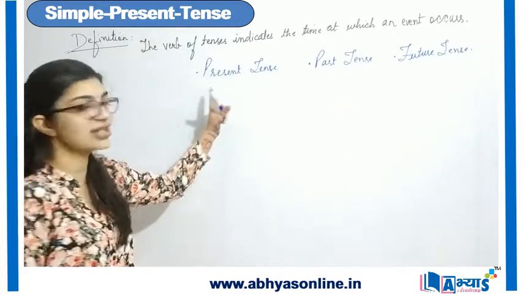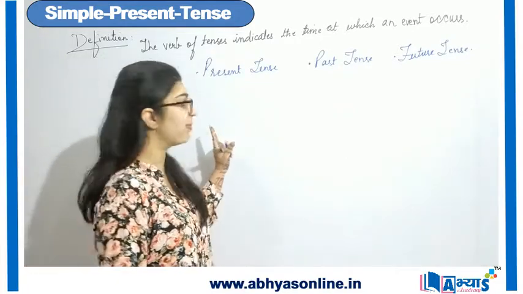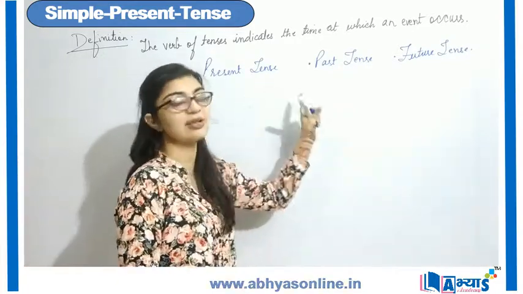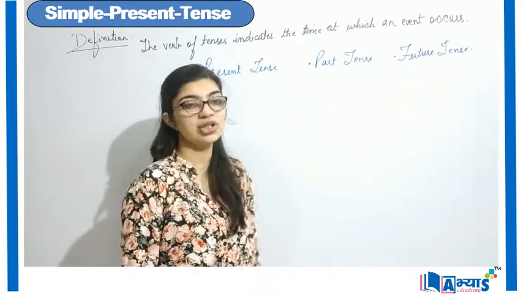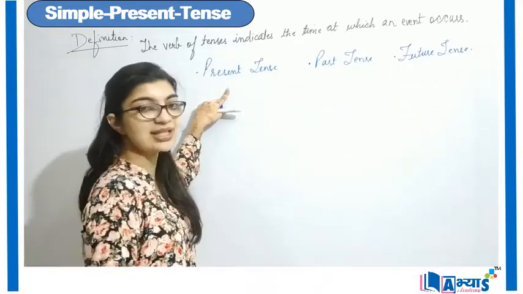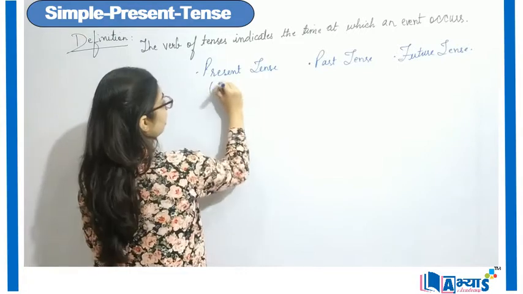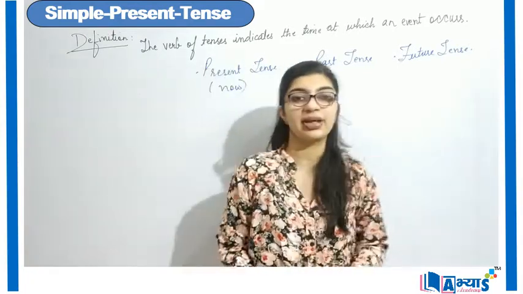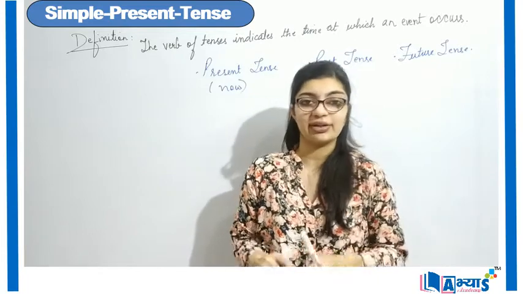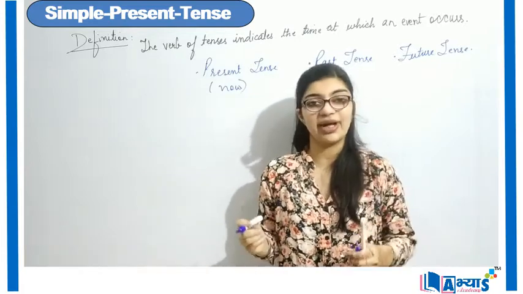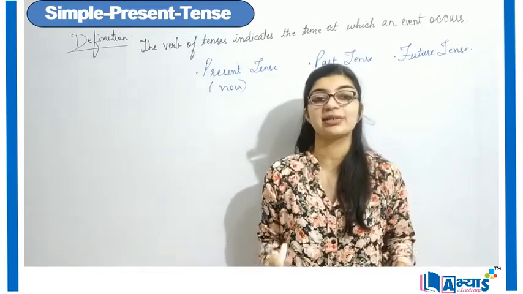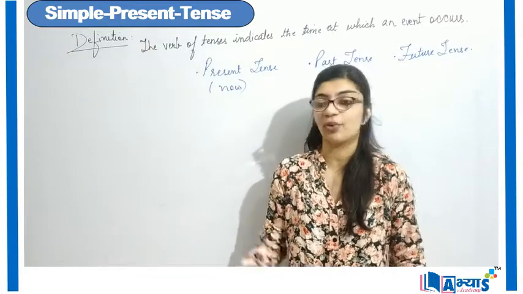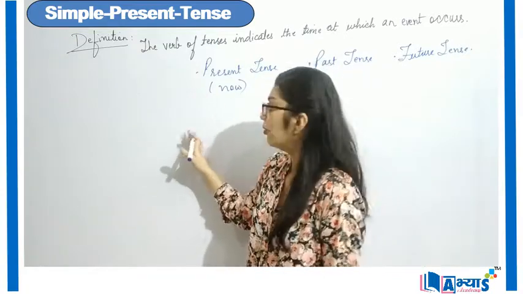Right? So the tenses are divided into three parts: the present tense, the past tense, and the future tense. The present tense indicates the time now. It indicates that a certain event is taking place at the present, right now. So it indicates the time now.